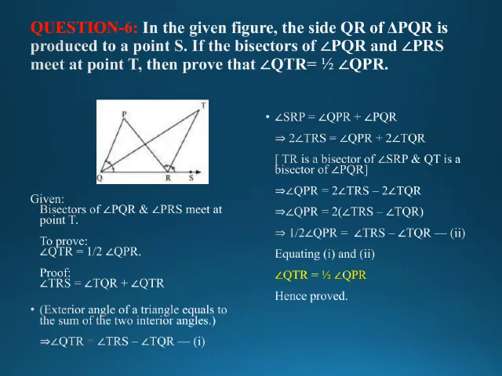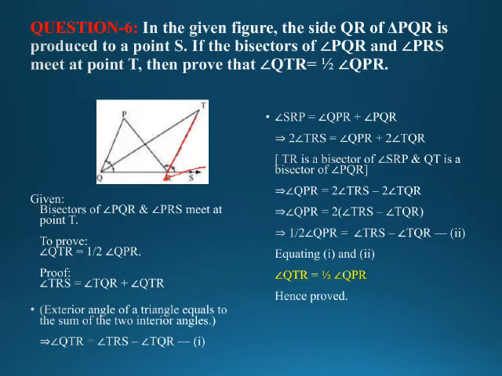Sixth question. In the given figure, the side QR of triangle PQR is produced to a point S. If the bisectors of angle PQR and angle PRS meet at point T, then prove that angle QTR equals half of angle QPR. First we have to take angle TRS.